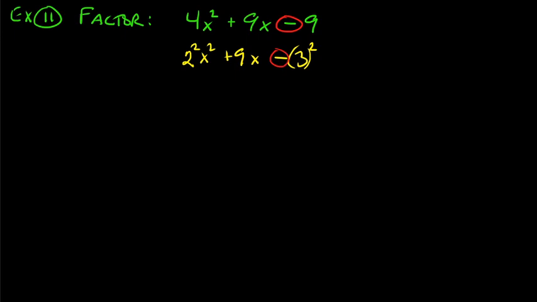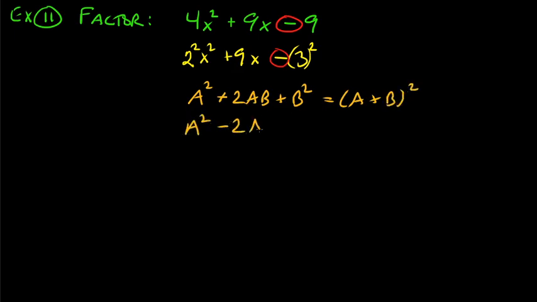Remember, the two forms for perfect squares are a squared plus 2ab plus b squared, which factors as a plus b squared. The other one is a squared minus 2ab plus b squared, and that factors as a minus b squared. But for both of these, that last term always has to be a plus, not a negative. Okay, so already we know that this is not a perfect square.